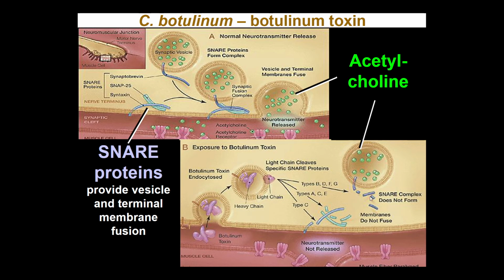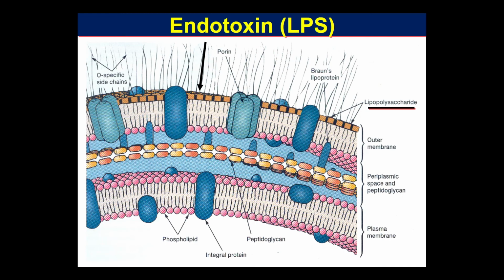Of course, release of acetylcholine into the synaptic cleft is absent, and the nerve signal is not transported. The result is relaxation of muscles and loss of the capacity to contract.